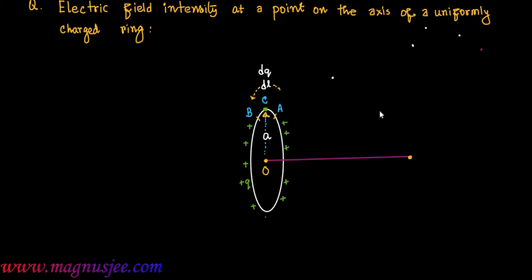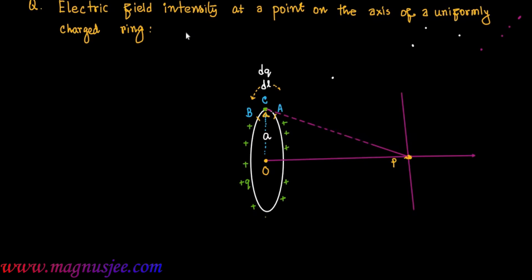We can consider a point on the axis of the uniformly charged ring. P is the point on the axis OP. We can consider two mutually perpendicular directions at the point P. We connect the point C of the small element AB and the point P on the axis.